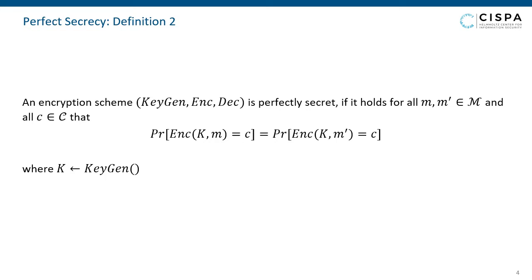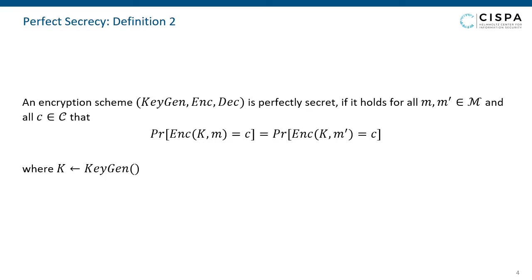In this definition, we say that an encryption scheme is perfectly secret if it holds for all pairs of messages M and M prime and all ciphertexts C that the probability that encryption of M leads to the ciphertext C is identical to the probability that encryption of the message M prime leads to the ciphertext C, where of course, again, the key K is chosen by the keygen algorithm.